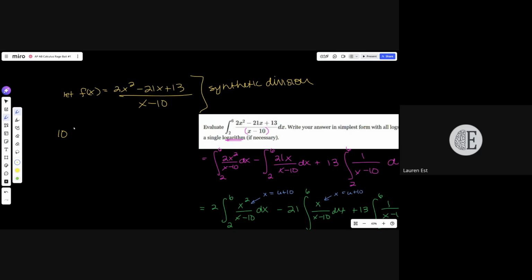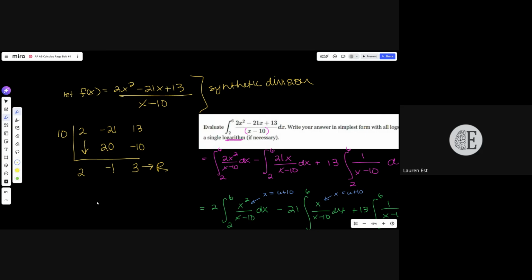So my 0 would be 10. And then I would take the coefficients of the numerator, so 2, negative 21, and 13. I bring 2 down, I multiply. I bring down negative 1, I multiply. And this is my remainder.